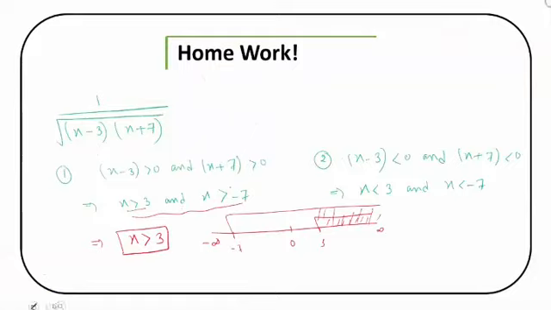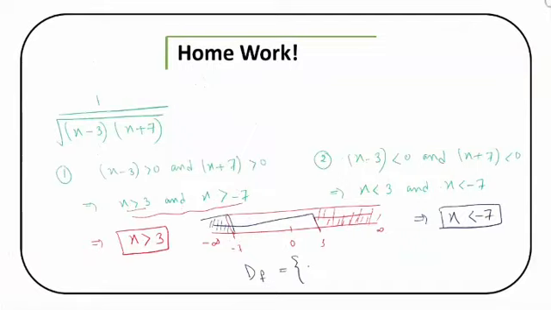Now do this part. You have x is less than 3, so this portion, and x is less than minus 7, this portion. So this part is the common region. So what you can combine and write, you can say it is minus 7. So what will be the domain of the function?